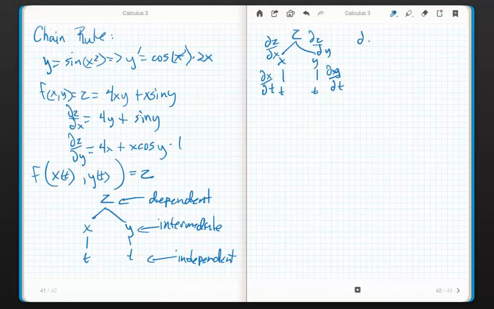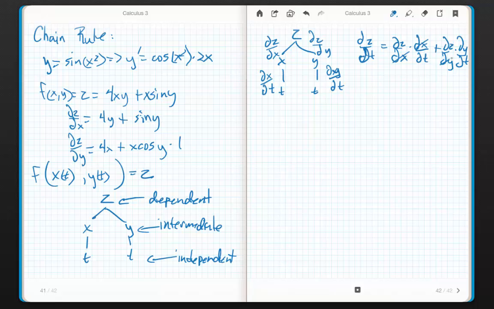Watch. dz over dt, which is what I'm looking for, I'm trying to get a derivative of this function, is simply equal to dz over dx, the partial, times dx over dt, and I could write it just as a simple d if I wanted to, plus dz over dy times dy over dt. Again, there's no partial.